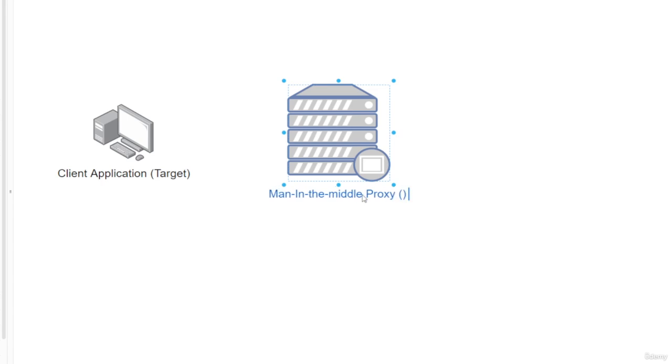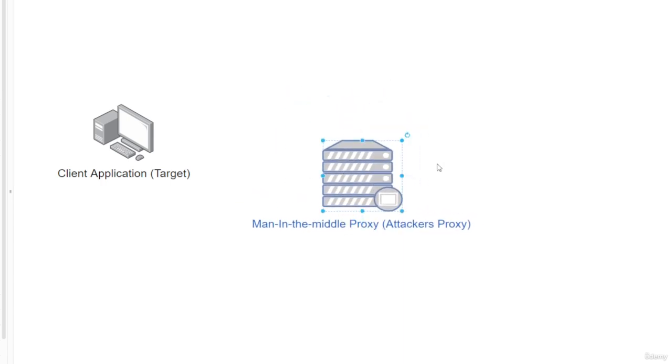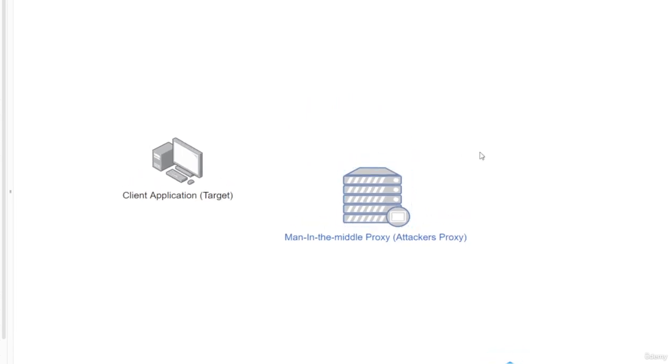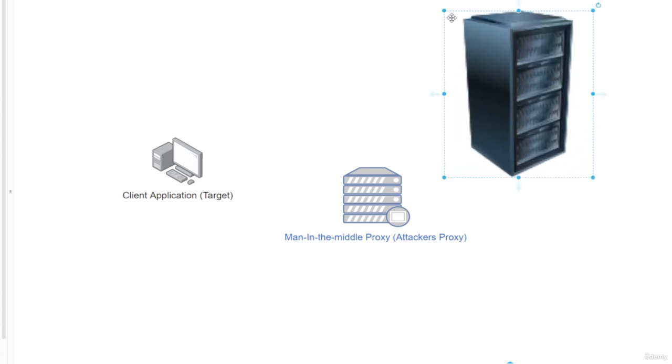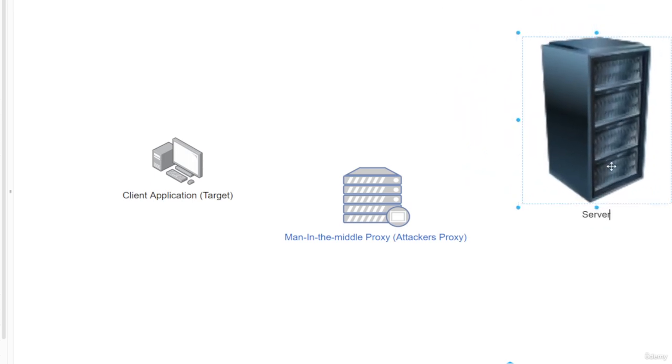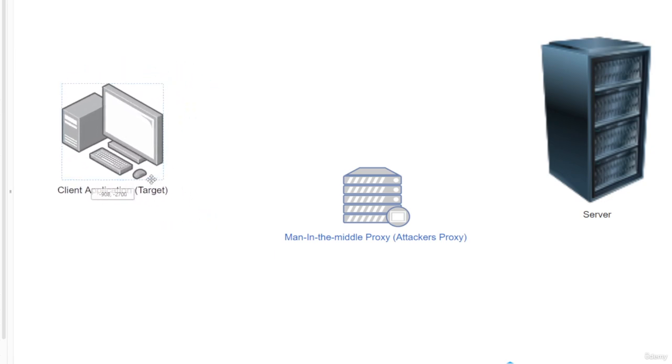This is the attacker's proxy here. Then we just need the server application, for example, this is the server, and let's capture this.